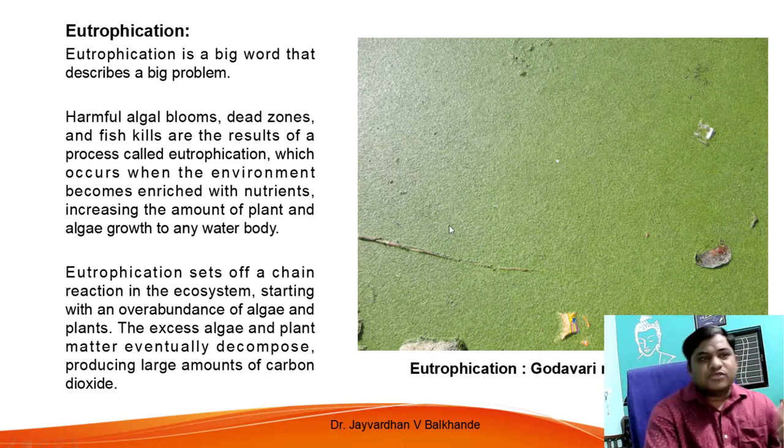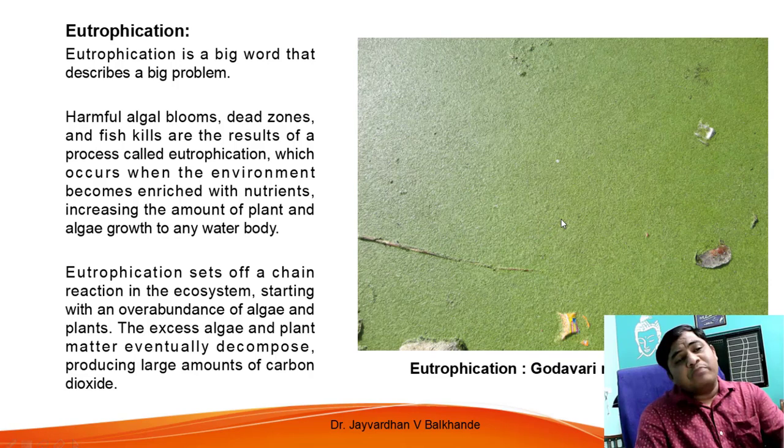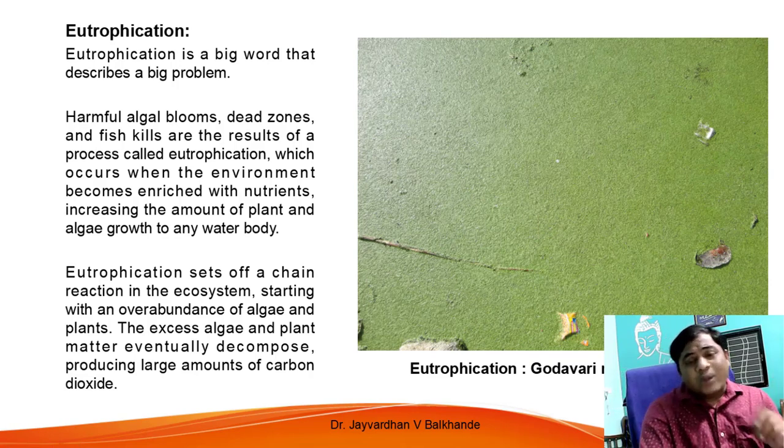In the previous lecture I told you that this eutrophication, or this green mat, is very harmful, because sometimes sunlight does not penetrate to the bottom. What happens then?